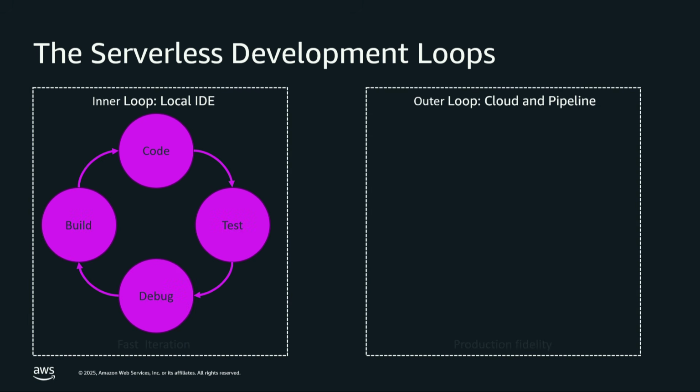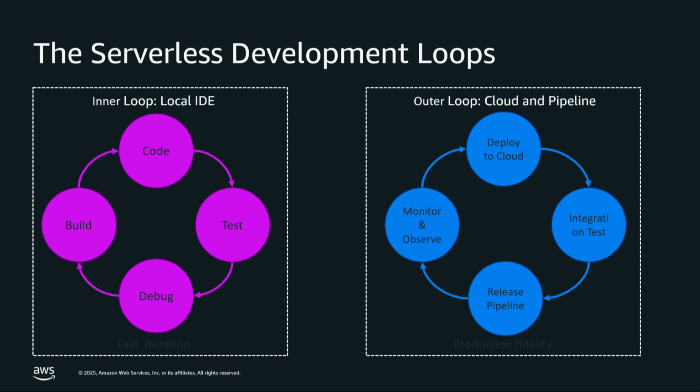All right. Before we dive into the details of the session, let's level set on what developer experience means for serverless. You can think of it as two distinct but interconnected loops, the inner loop and the outer loop. The inner loop is where you'd likely spend most of your time, in your local development environment. It's all about rapid iterations: write code, test locally, debug, and repeat. The goal here is fast feedback cycles.